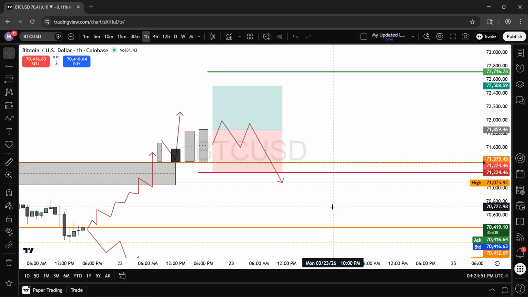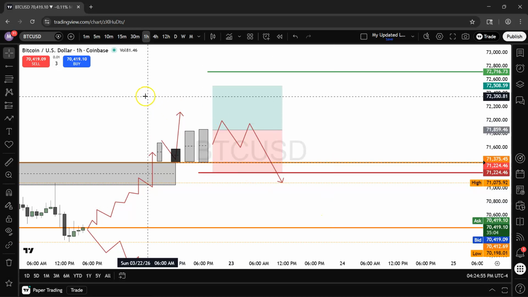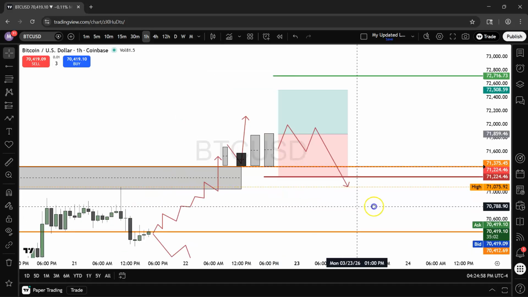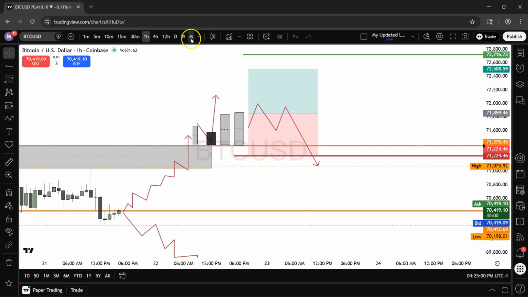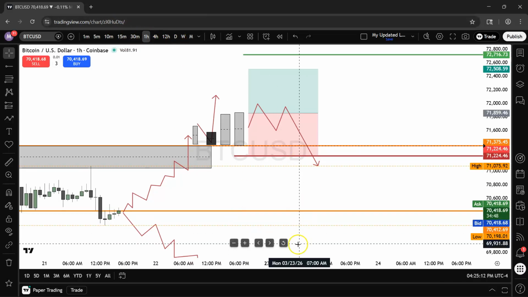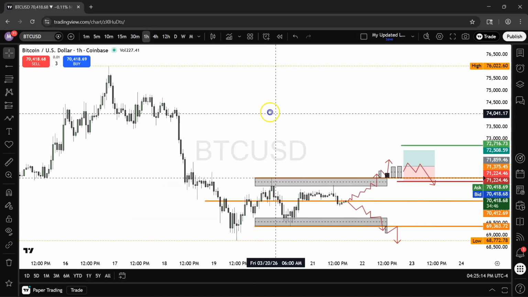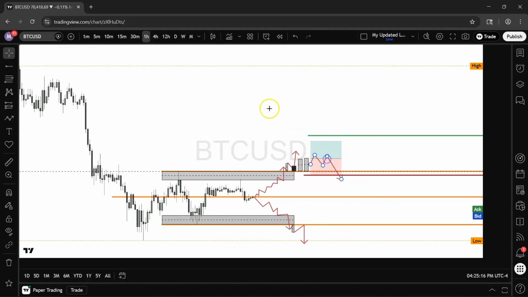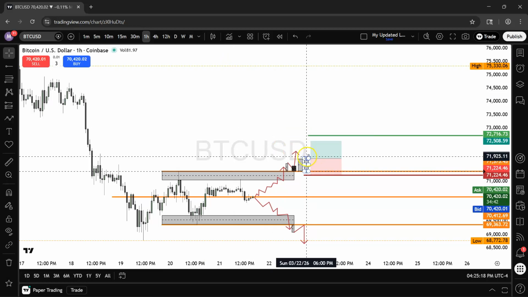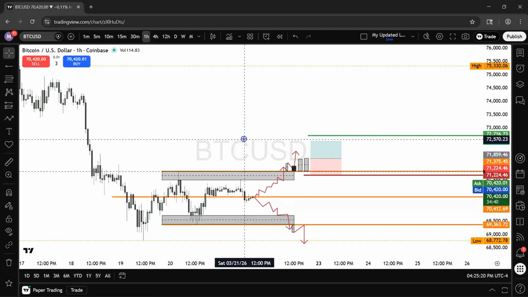So going forward, this is how I mark up my charts. Just to recap, I start with the monthly and we drop down to the weekly. I mark up the high and the low of the daily, then put a line in the middle, and then I go down to the hourly, which I'm at right now, and I'm plotting out a strategy. I'm looking for a couple of things to happen.